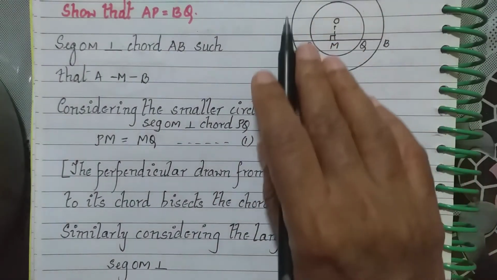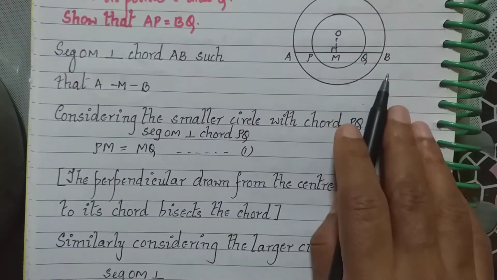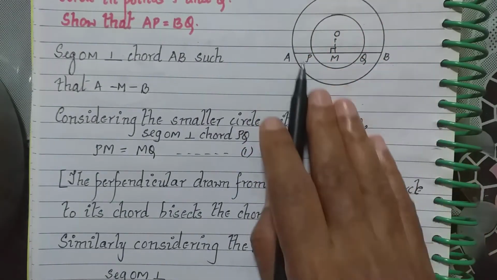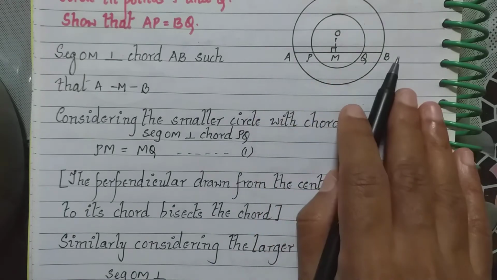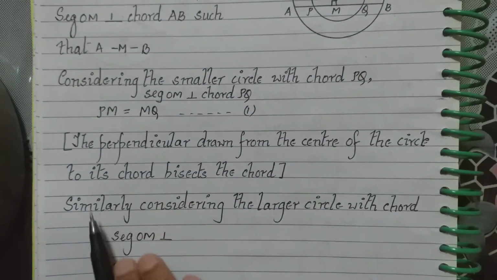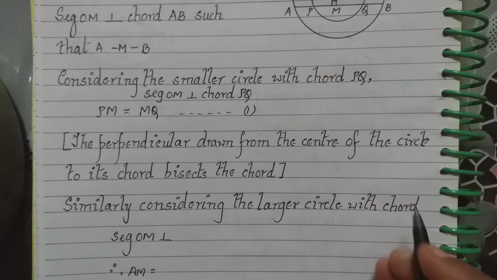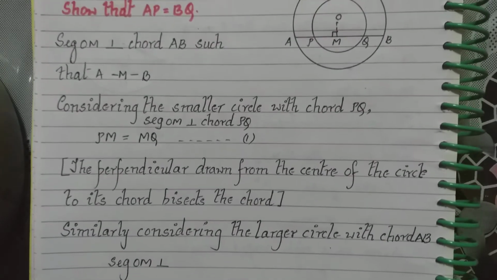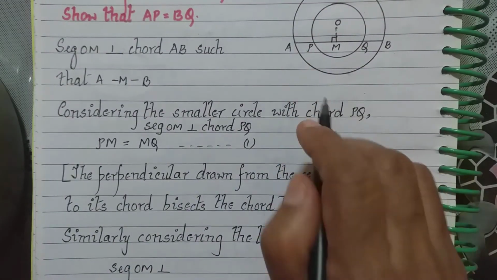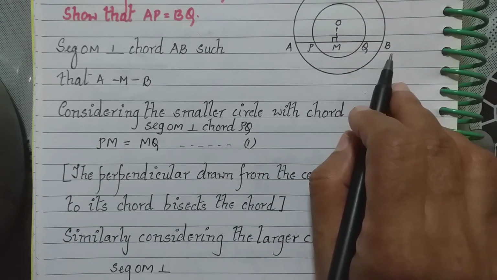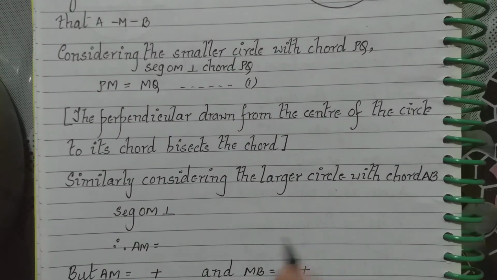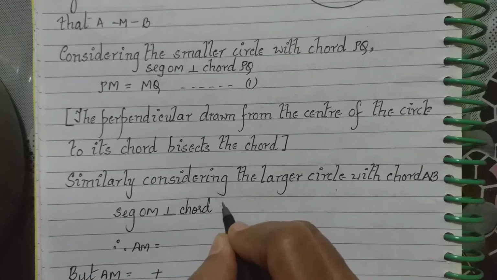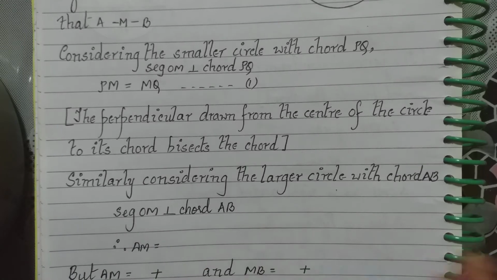Same thing happens if we take the bigger circle. The bigger circle has the chord AB. So considering the bigger circle with chord AB, what happens? Segment OM is perpendicular to chord AB.